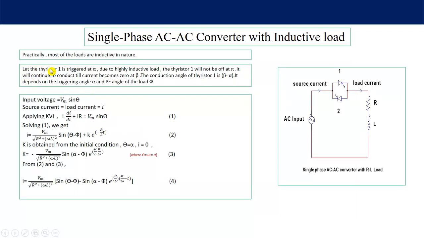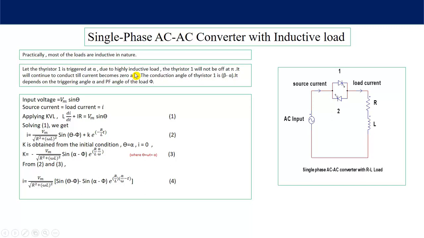Let's assume that thyristor number 1 is triggered at alpha. Due to the highly inductive load, thyristor 1 will not turn off at pi. As I told you, after pi also thyristor 1 will continue to conduct. It will continue to conduct till the current becomes 0, and the angle at which this current becomes 0 is assumed as beta.